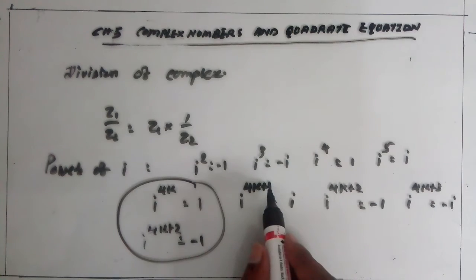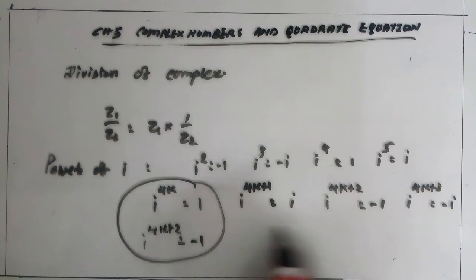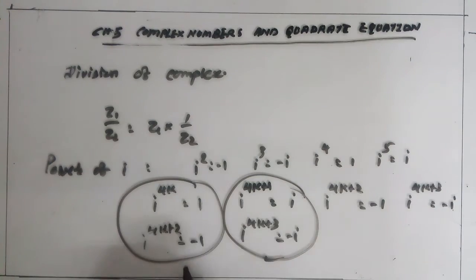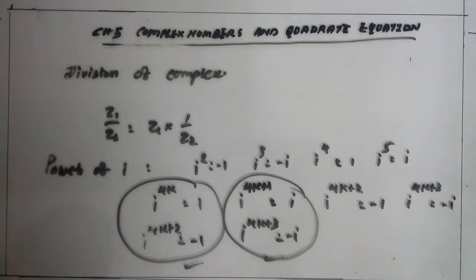Similarly, i^(4k+1) is equal to i and i^(4k+3) is equal to minus i. Clear? So remember both general forms of power of i. Generally, we change this power of i into even power form, multiplying or dividing by i. Clear?